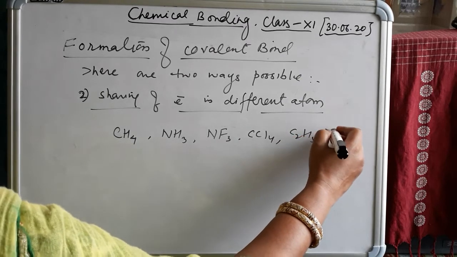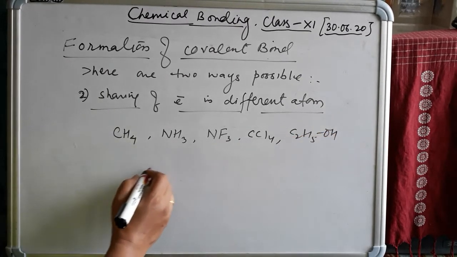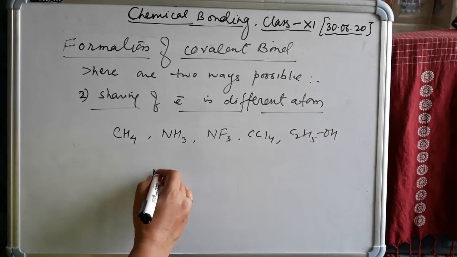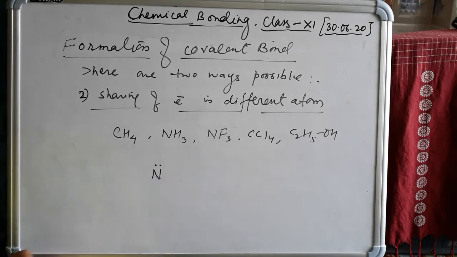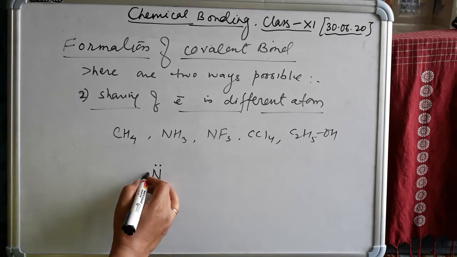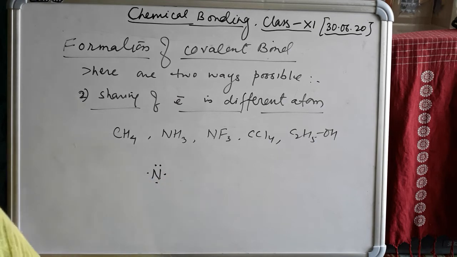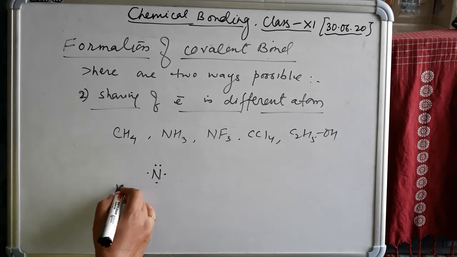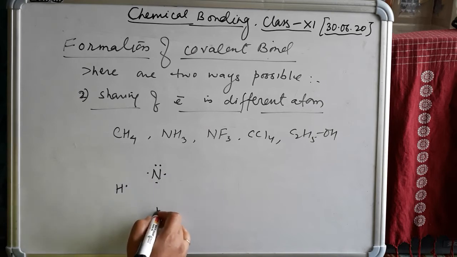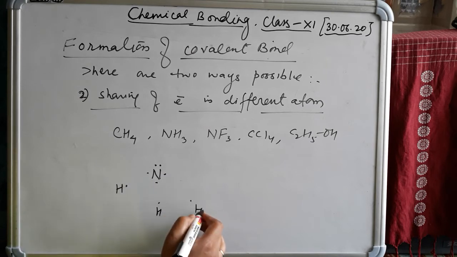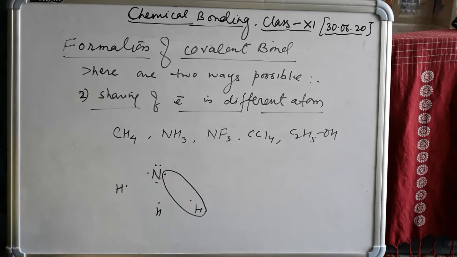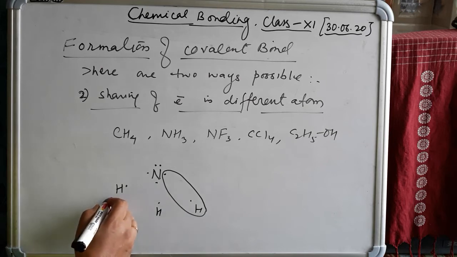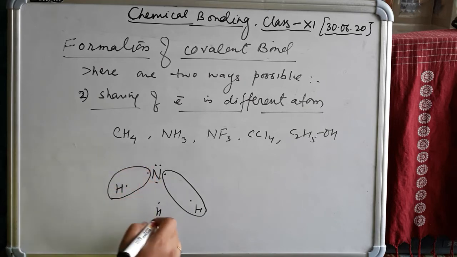At first we draw the Lewis dot structure of ammonia, the hydride of nitrogen. Total valence electron of nitrogen is 5, and hydrogen has one valence electron. Hydrogen completes its duplet because it achieves the noble gas configuration of helium.